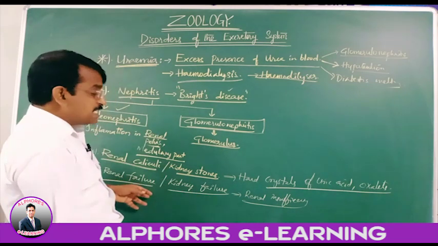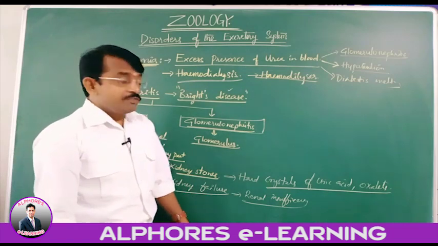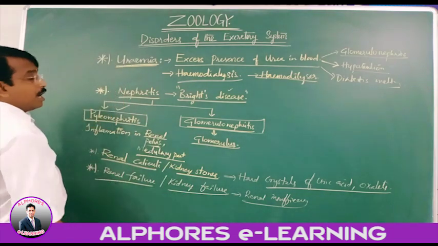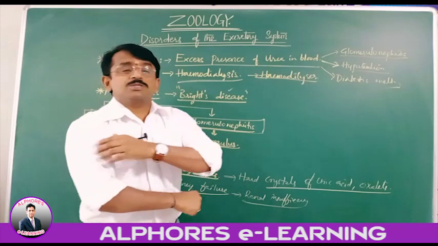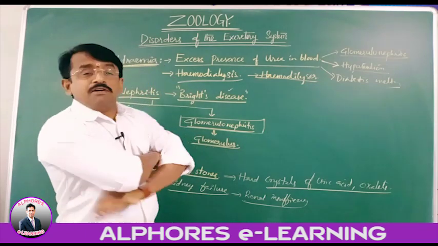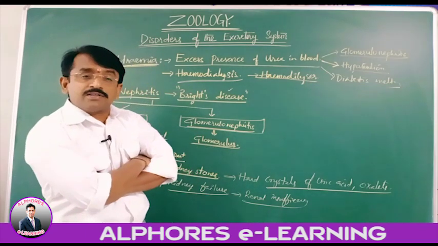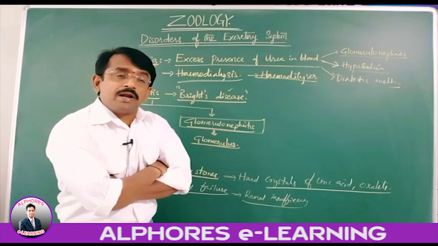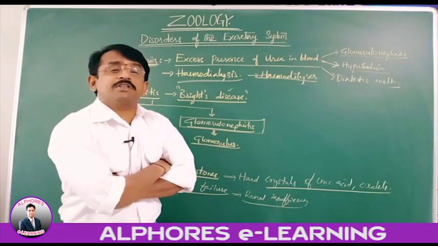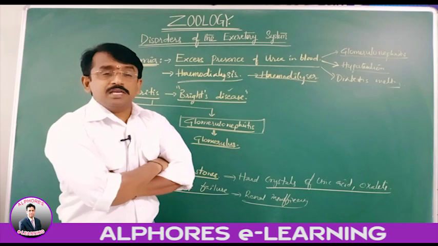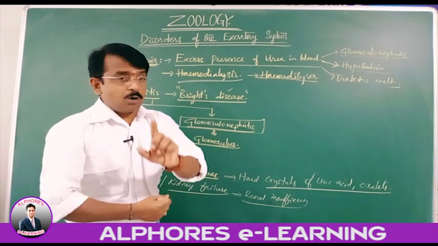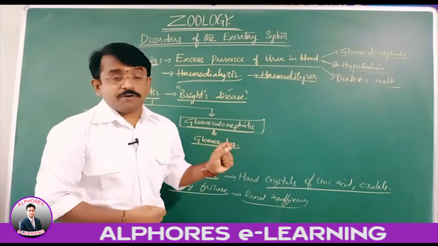And this results in conditions. What is the general tendency of the kidneys? We have seen that a normal kidney sends out, expels about 1.5 liters of urine per day. Is it right? 1.5, right?